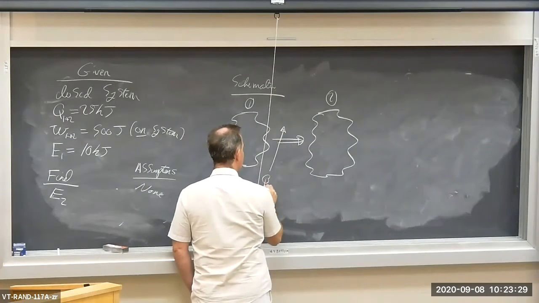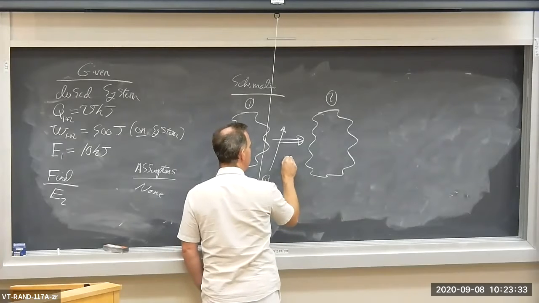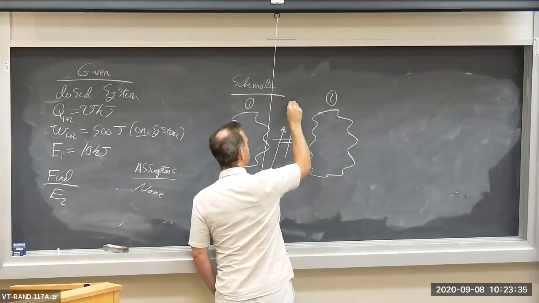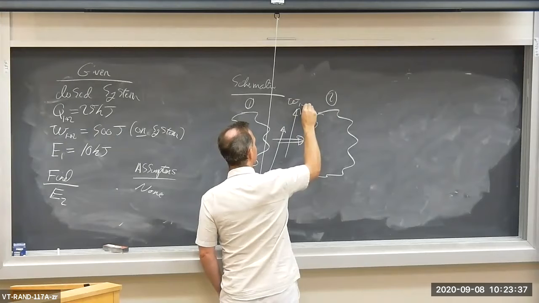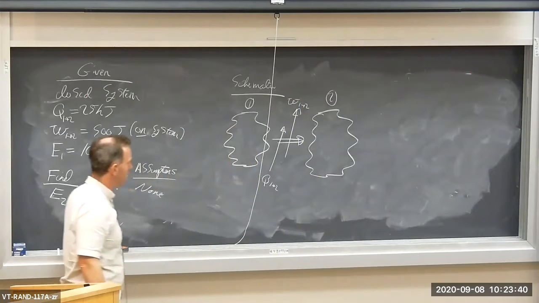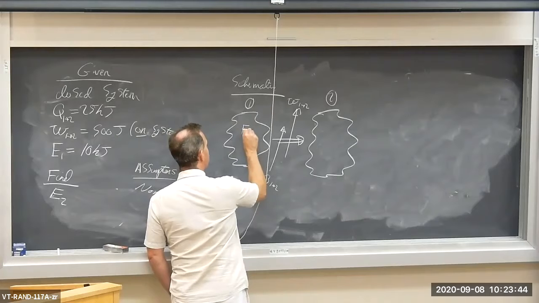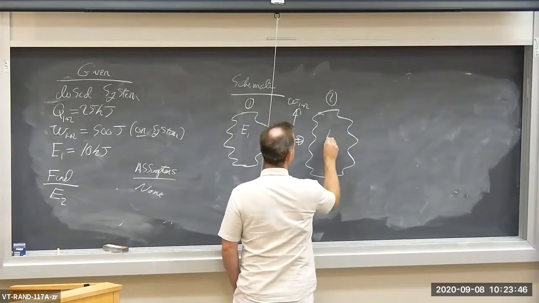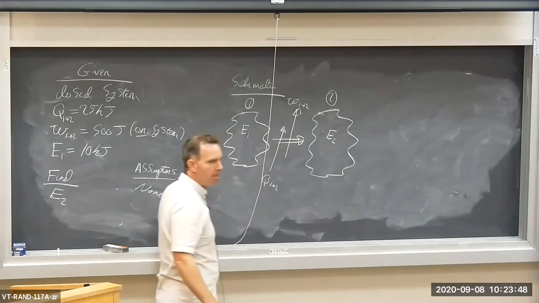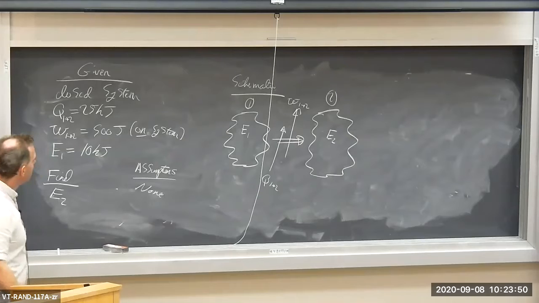So we have Q added to the system from state 1 to state 2, and maybe work done by the system from state 1 to state 2. All right? And the system initially starts off at some energy E1 and ends up at an energy E2. So let me give you some numbers here.